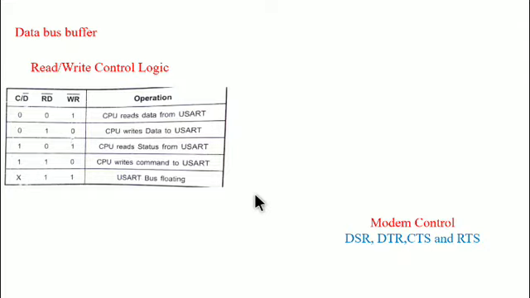The output is labeled data terminal ready, and the input is labeled DSR. The DTR can be asserted by setting bit 2 of the command instruction. DSR is sensed as bit 7 of the status register. When used as a modem control signal, DTR indicates that the terminal is ready to communicate, and DSR indicates that it is ready for communication.